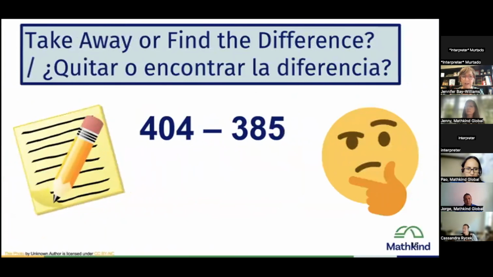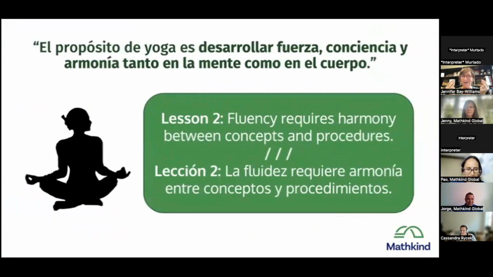what we need is for students to understand that subtraction means, thank you, Esther, quitar, diferencia, y disminuir. Yes, it means all of those things. And that takes us to our next yoga lesson.